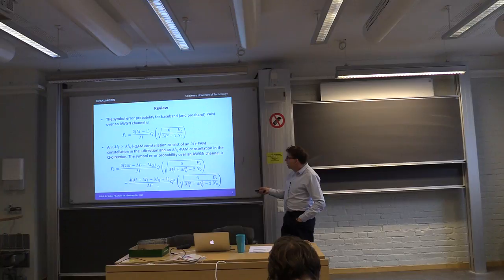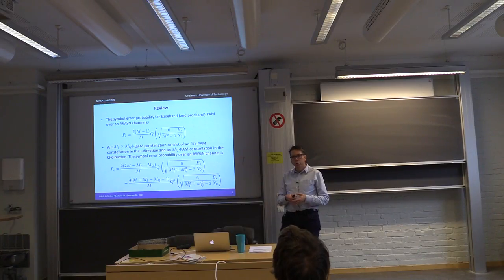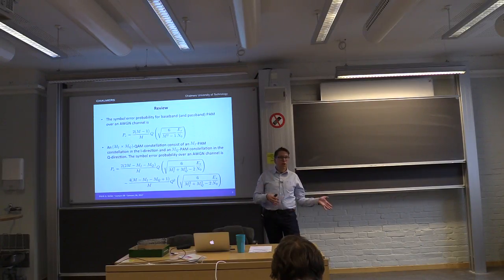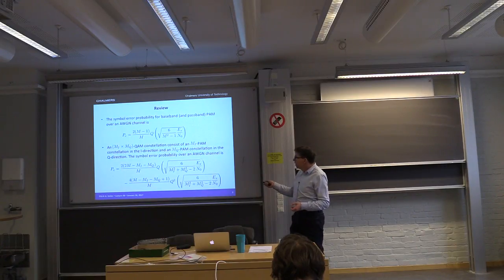In practical schemes, we often use these QAM constellations, which we can see as two PAM transmissions in parallel, one on a cosine carrier and one on a sine carrier. And then we get a two-dimensional constellation, and with some calculations we can arrive at the corresponding symbol error probability over a Gaussian channel.